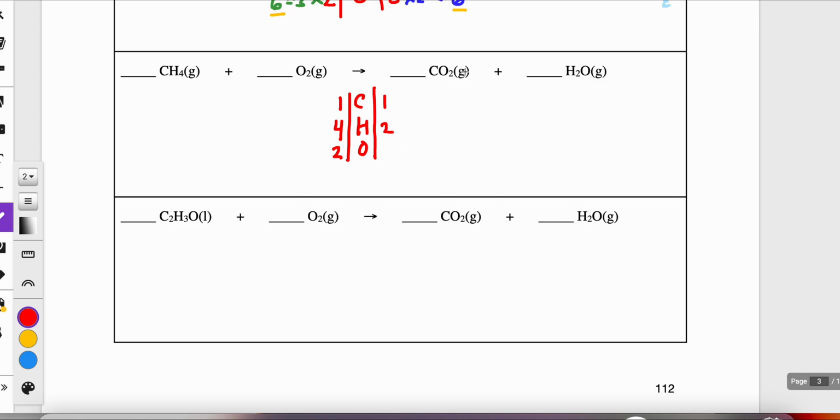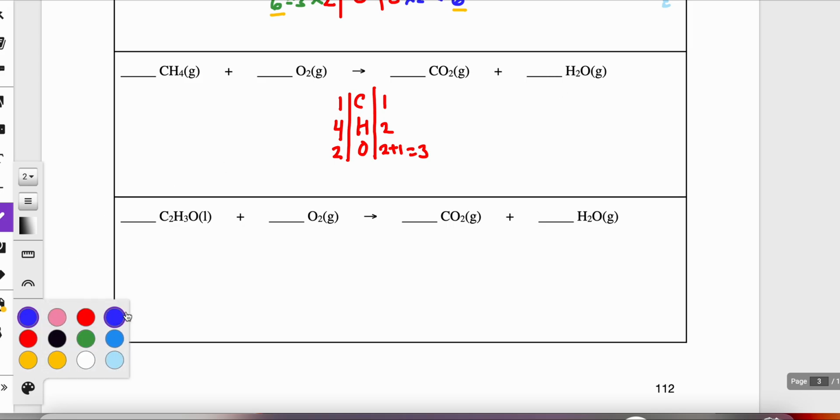But when it comes to oxygen, this chemical formula, CO2, plus this formula, H2O, both contain oxygen. And just think about math, because there's a plus sign. The first formula has 2 oxygens. The second formula has 1. So there's a total of 3 oxygens on the product side.